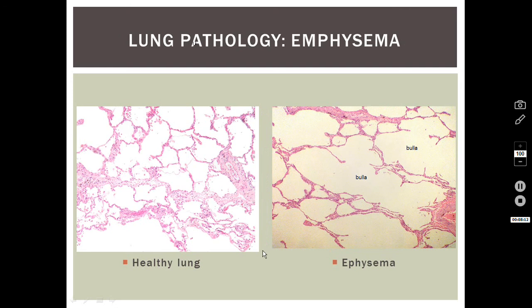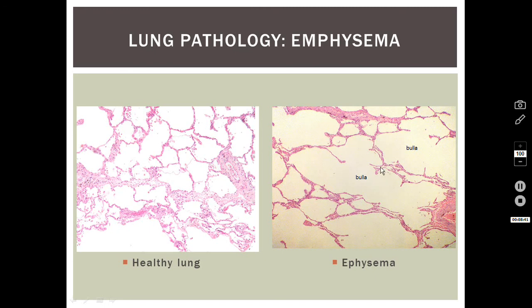If we look at emphysema, emphysema is often caused by COPD and smoking, and the alveoli in someone suffering from emphysema get really, really large, and that's what we call a bulla. Again, here's our nice healthy lung tissue with the small alveoli.